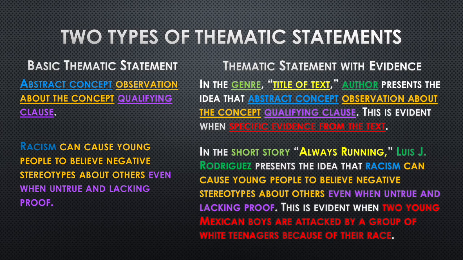So now we've added the genre, which is short story. We've added the title of the text, which is Always Running. We've added the name of the author, which is Luis J. Rodriguez. And we've added evidence with two young Mexican boys are attacked by a group of white teenagers because of their race. So we've taken the specifics from the story and we have used them to frame our thematic statement.